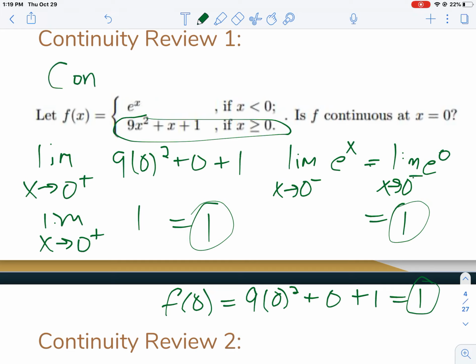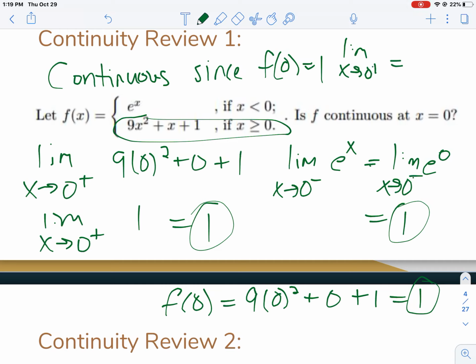So, is f continuous? Yes, continuous, since f of 0 equals 1, the limit as x approaches 0 from the right equals 1, and the limit as x approaches 0 from the left is 1, okay?